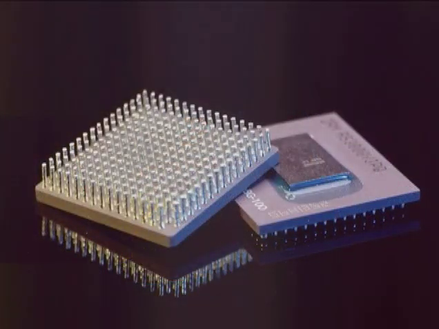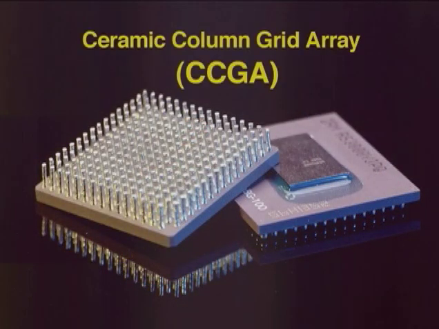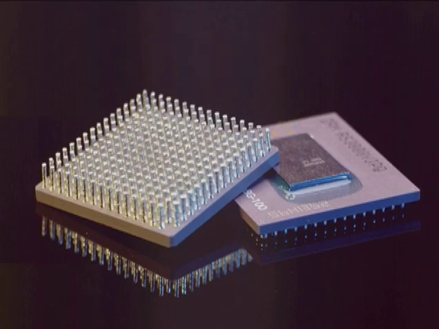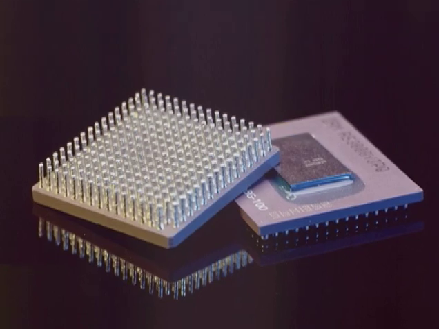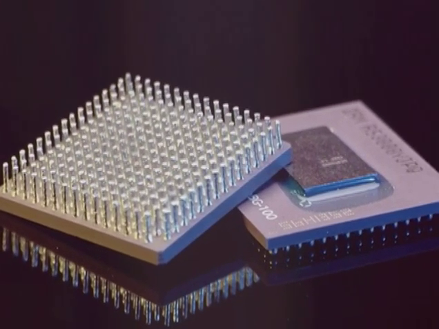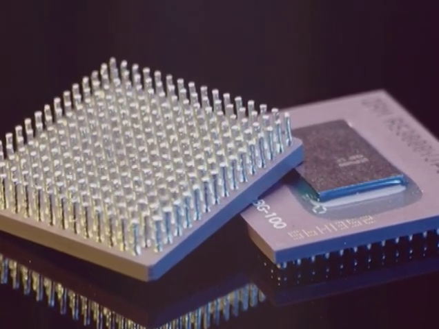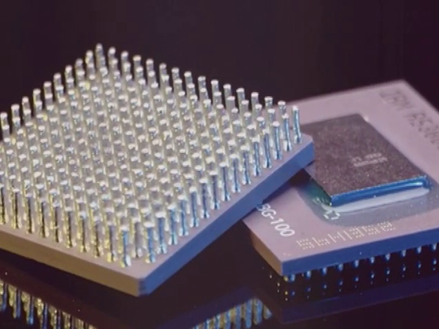A cousin to the BGA is the CCGA. As stated earlier, CCGAs have solderable columns instead of the tiny solder balls to connect to the matching lands on the circuit board. CCGA packages are becoming increasingly popular as an alternative to ceramic BGA packages for applications requiring very high-density interconnections with higher board-level reliability.